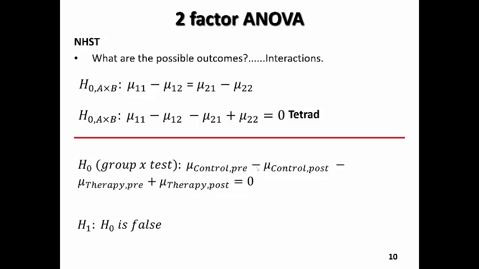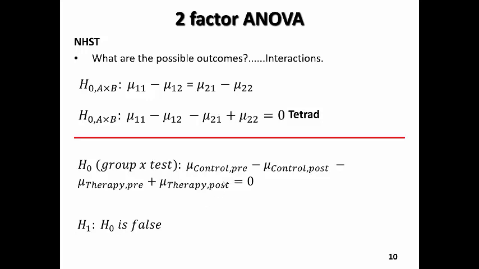And if we were to run through the arithmetic of all of this, it should equal 0. And if it does equal 0 in theory here, then the null hypothesis would hold, and that would state that there is no statistical interaction at play.